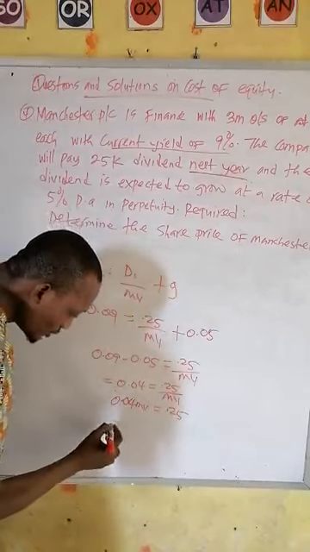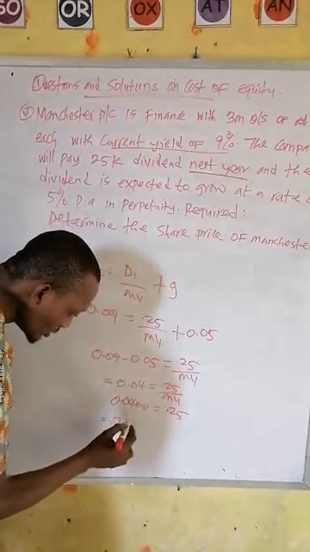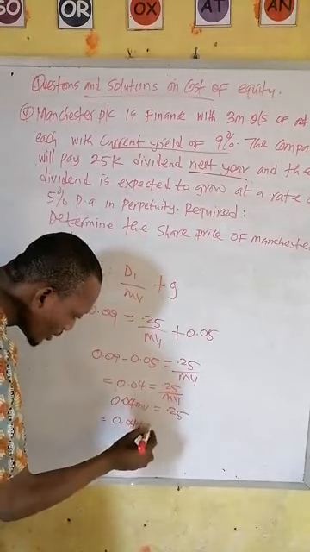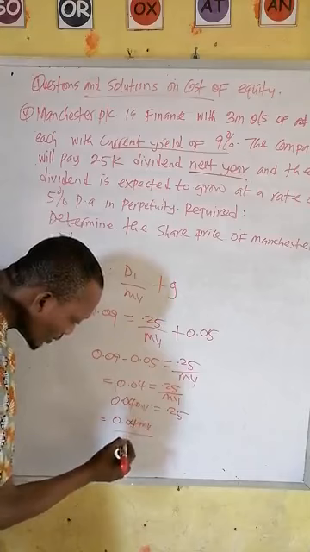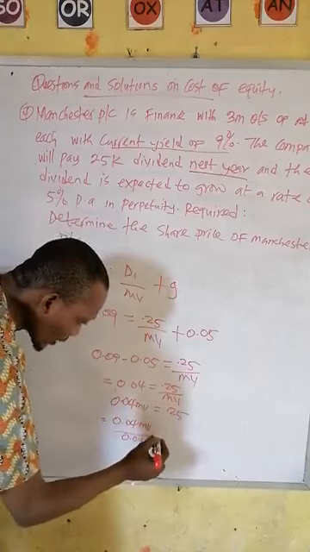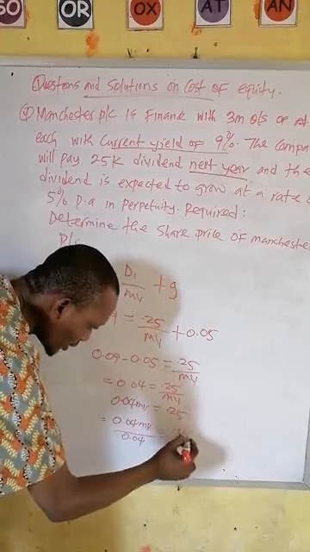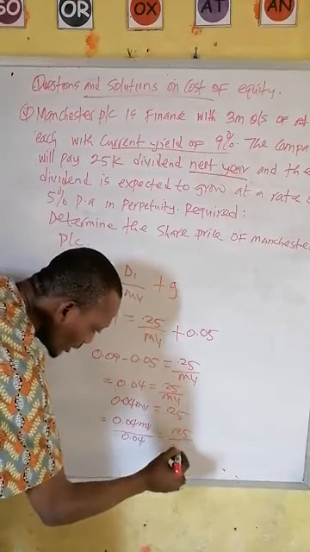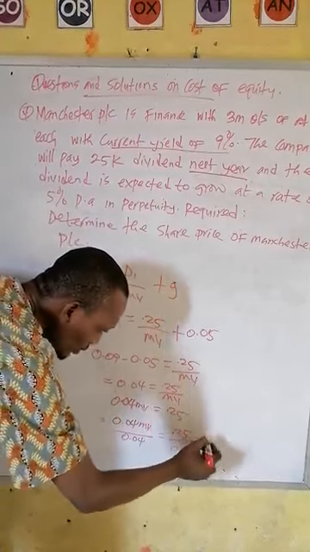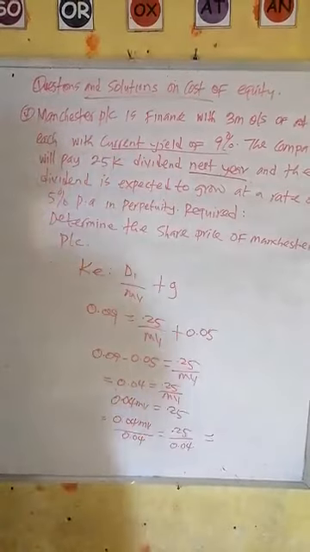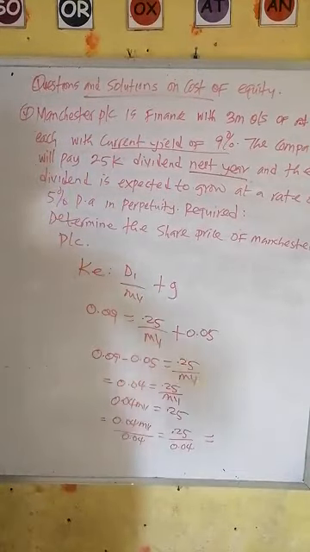So now we have MV is equal to 0.25 all over 0.04, which is equal to, what is that? Let's press our calculator.